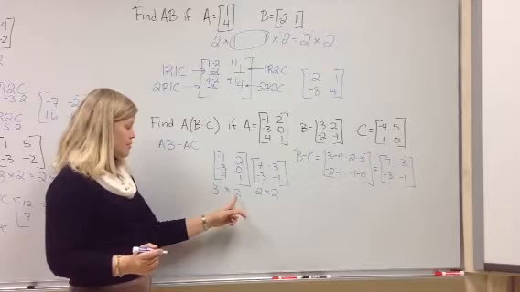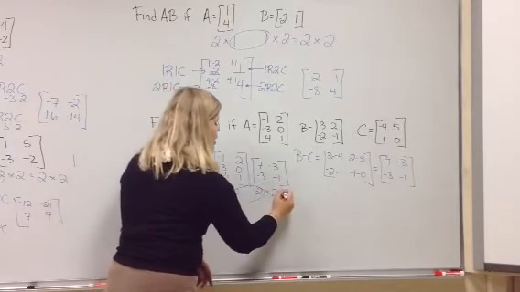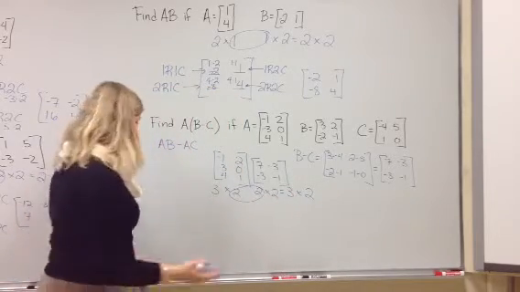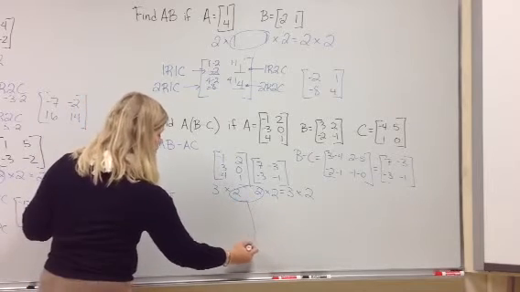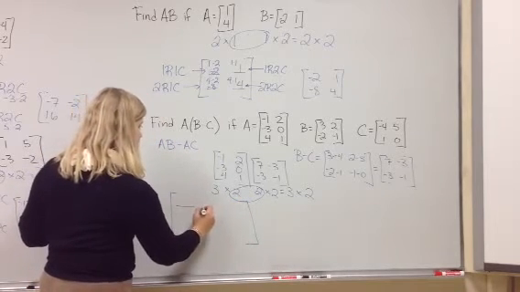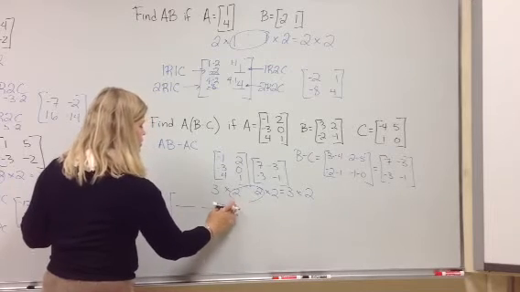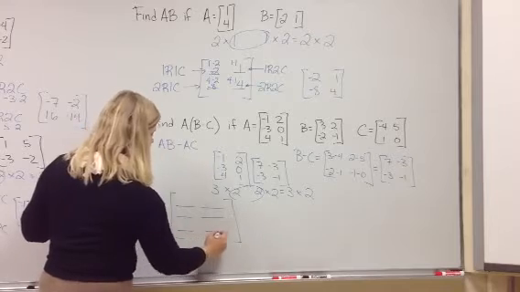Do they have the same number of columns in the first and rows in the second? They do. So we know we're going to have a 3 by 2. Now this is going to be bigger than what we've ever worked with, but we can do it. We'll come over here and we're going to have 3 rows and 2 columns.